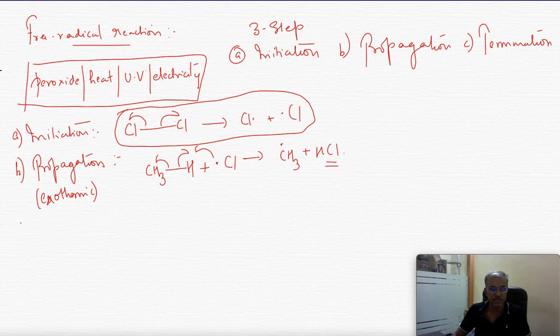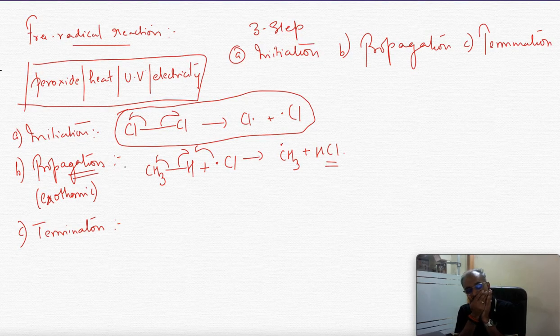Now, if I want the reaction to stop, there should be some termination. It has to break somewhere. The free radical generated in step 2 basically happens due to step 1 also, because unless this chlorine free radical is generated every now and then, it is not going to attack methane.